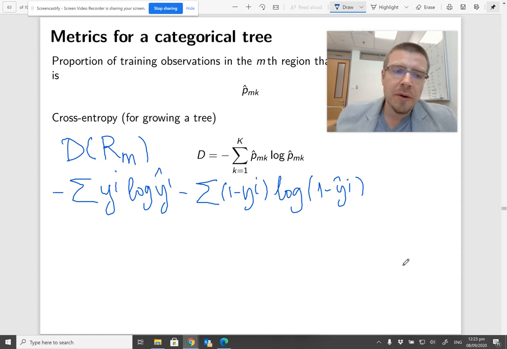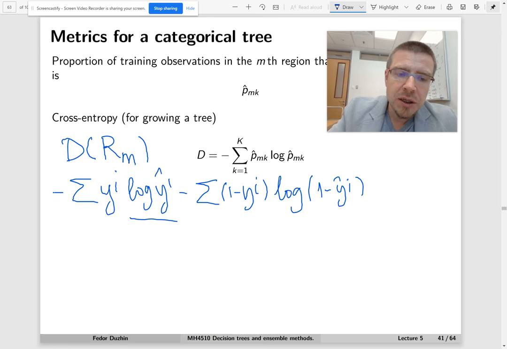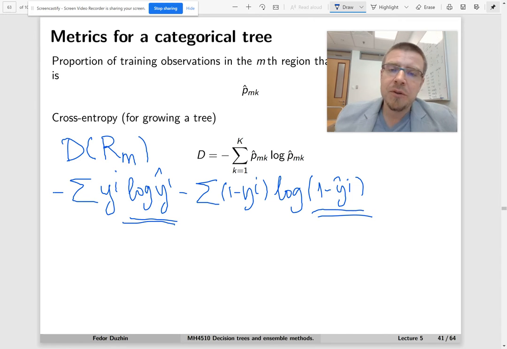So notice that for a categorical tree, within one region, all predictions are the same, right? All training observations that belong to the same decision region are classified in the same way, and the prediction is the same. Which means that these terms with y hat can be factored out.